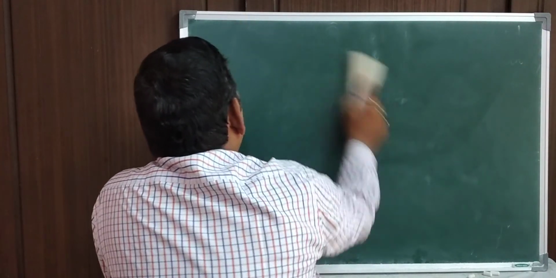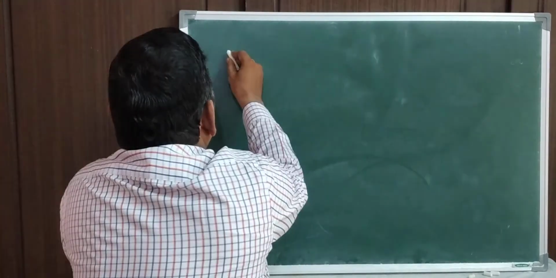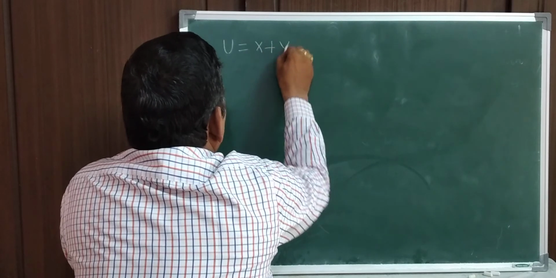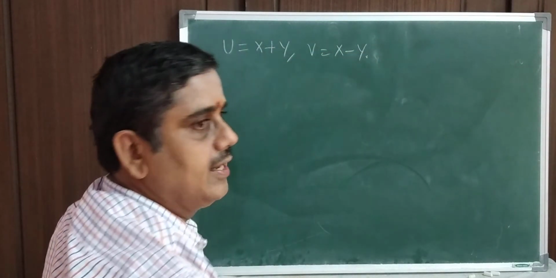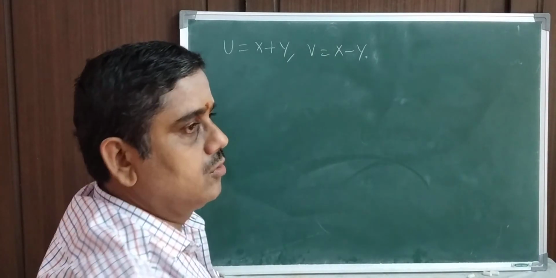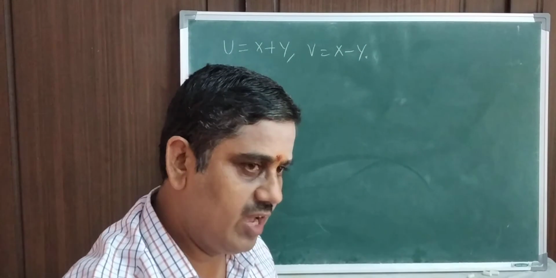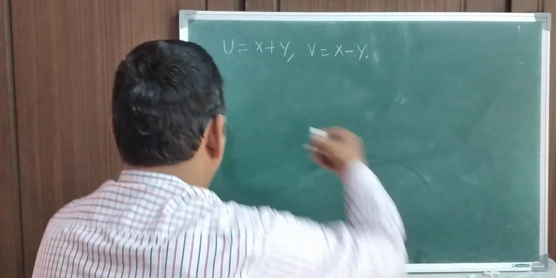Given Rxy is 0 and covariance of xy is 0, u is equal to x plus y and v is equal to x minus y. To calculate the correlation coefficient, it is required to calculate variances and covariance. So first of all, variances.